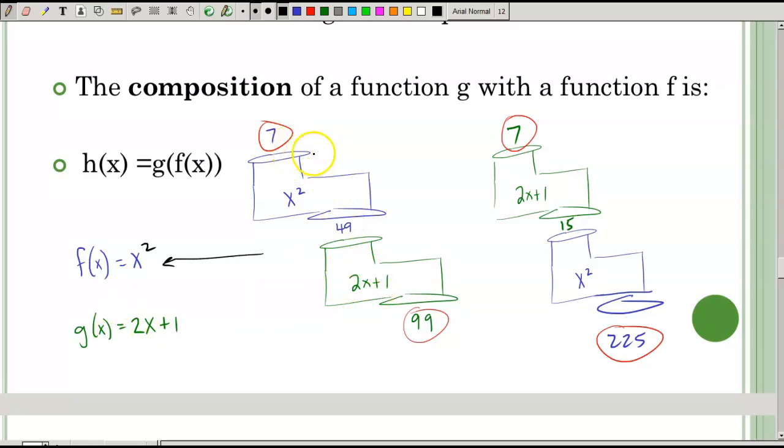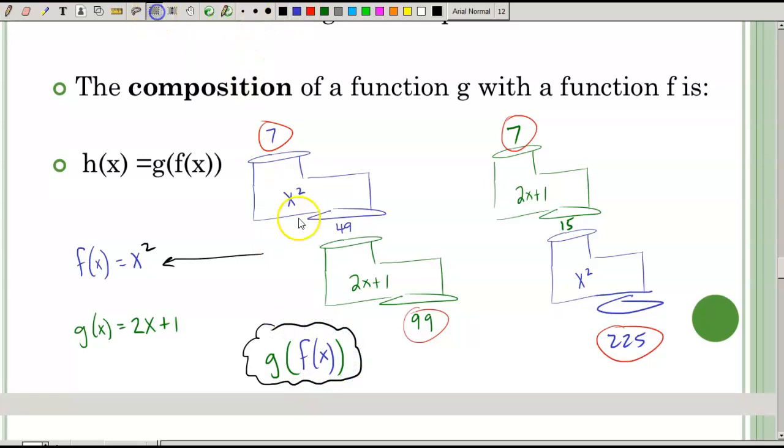Since I'm using f of x first in this order, whatever I get for f of x, whatever the output is, I'm immediately plugging that into g of x. So it would look like this: g of f of x. That's what this example shows right here on the left.